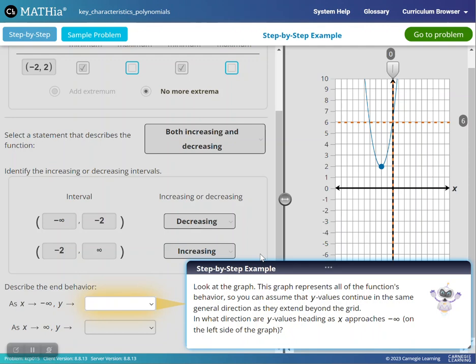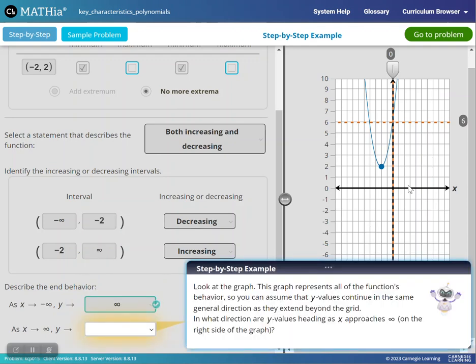Okay, so the end behavior is looking at the ends. And now this gets a little tricky because when you're talking about increasing or decreasing, you're looking from left to right. When you're talking about the end behavior, you have to follow the graph as it's saying. So when they say as x goes to -infinity, y will go to, basically saying as we're looking at the graph, as it goes to the left, it's going up. So up would be positive infinity.